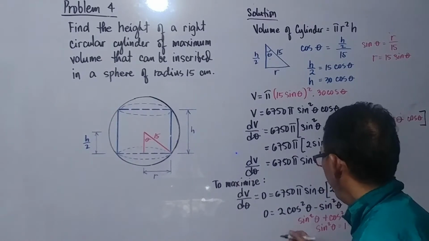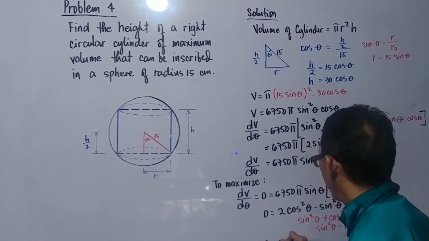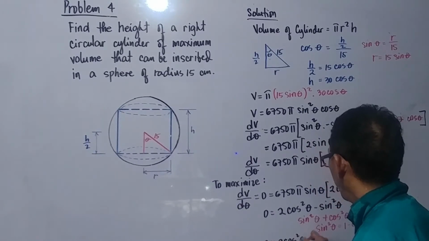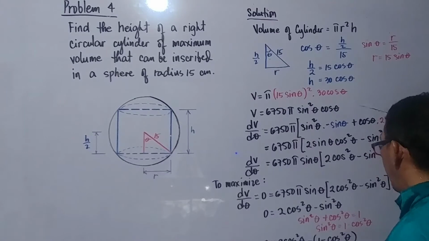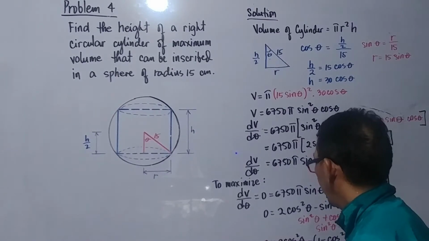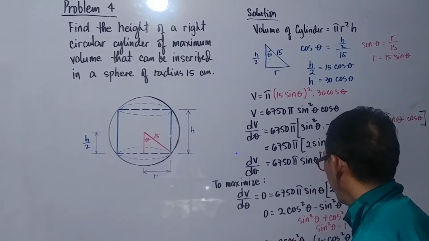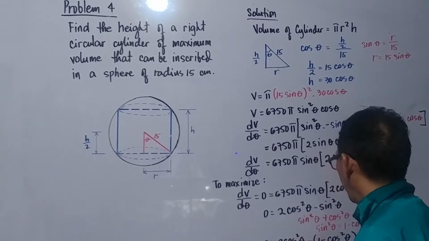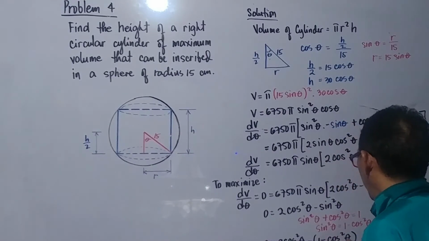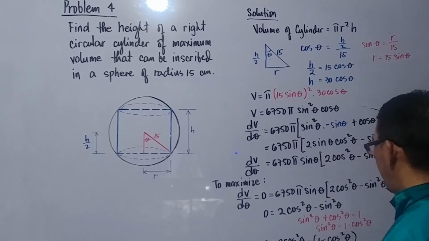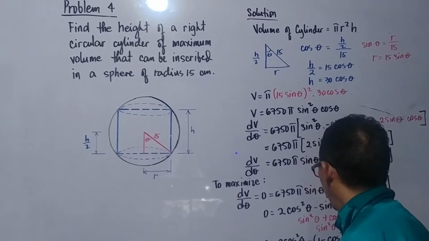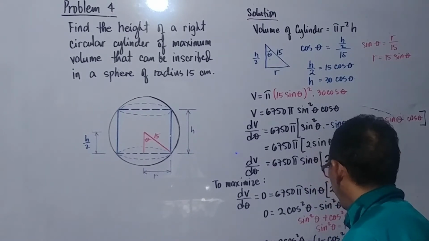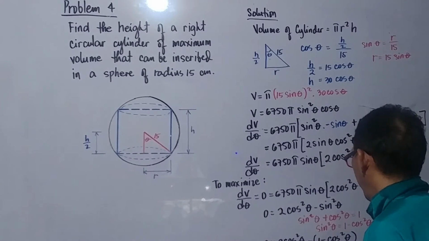So we have now 0 equals 2 cosine squared theta minus 1 minus cosine squared theta. So we have 0 equals 2 cosine squared theta minus 1 plus cosine squared theta, or 0 equals 3 cosine squared theta minus 1.